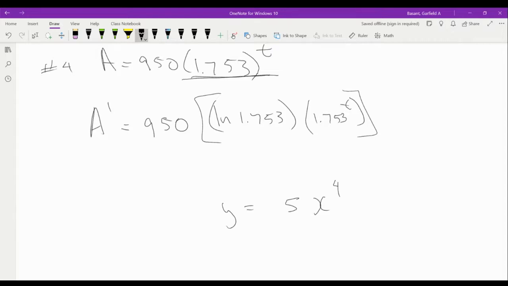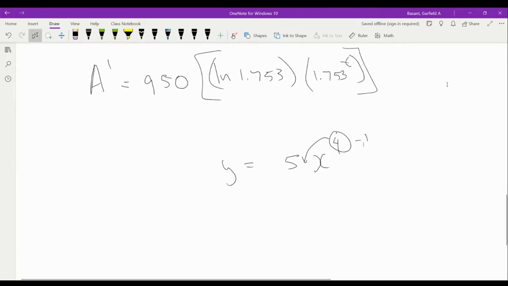Now, how did you get a 20? I'm assuming you took the 4 and multiplied by the 5. Is that correct? Okay, and then you subtract 1 from the exponent. So this is 5 times 4 times x to the 3rd. And then you multiply the 5 times the 4 and you got 20x to the 3rd. I assume that's what you did.